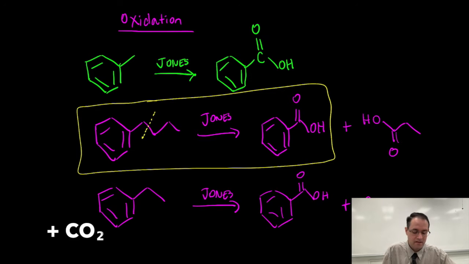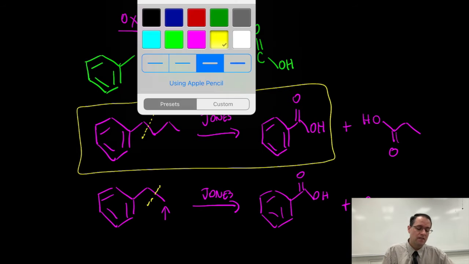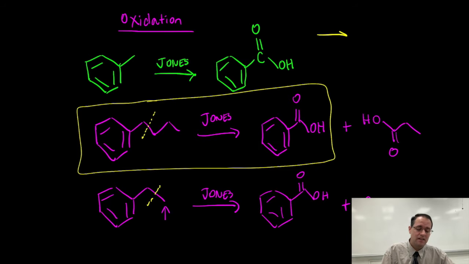So that's where that carbon right here goes. And once again, we're basically breaking a carbon-carbon bond. So for atom efficiency, normally we do this reaction in green. We take something with just a methyl group like toluene and oxidize it with the Jones reagent to form the carboxylic acid. Now, the thing you need to memorize here is that it requires a benzylic hydrogen.